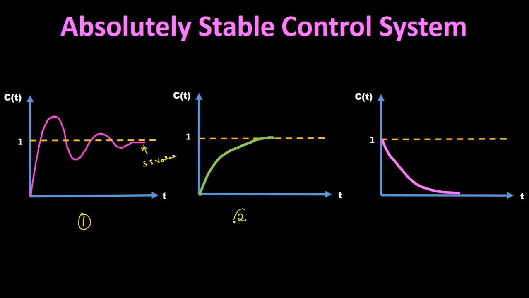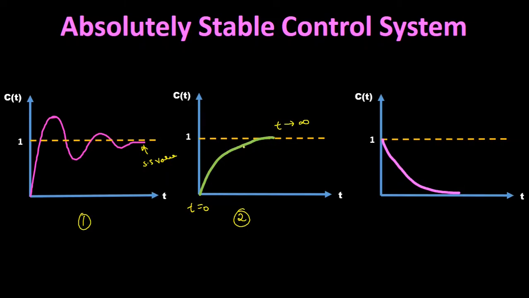And the second response is the output response of a first order control system. Here we can say that at t equal to 0, the output response is equal to 0, and at t tends to infinity, the output response is equal to 1.